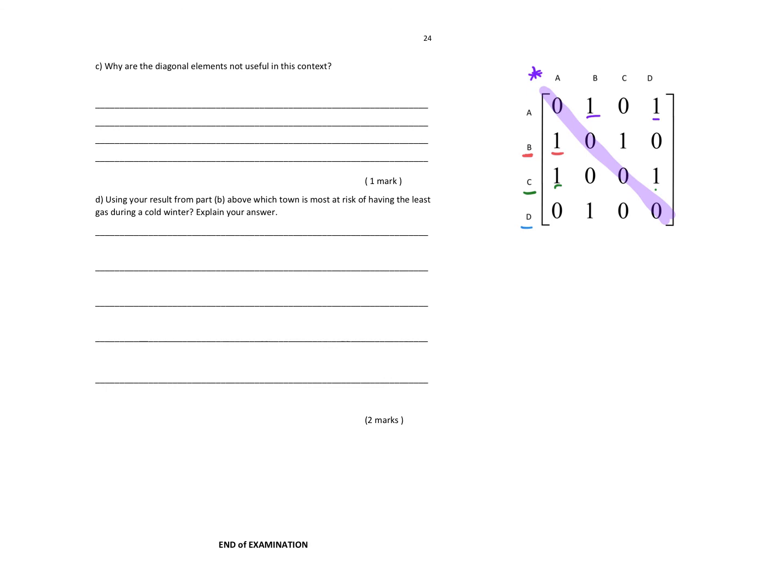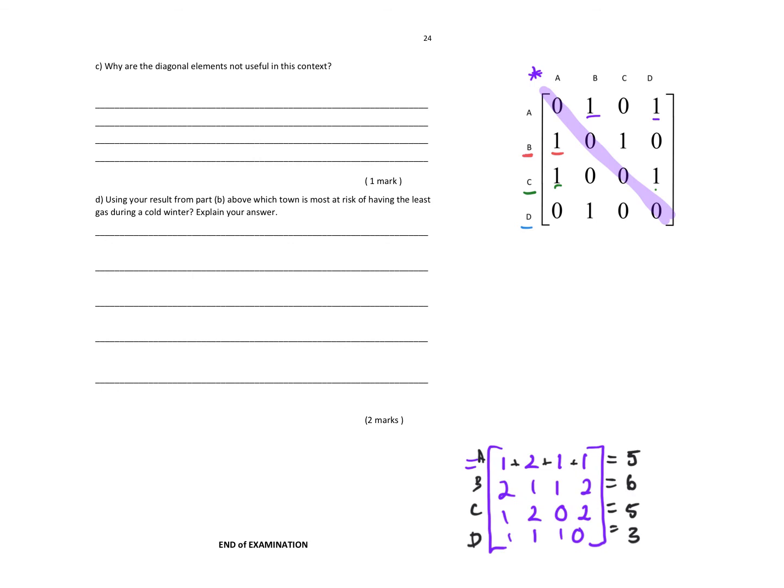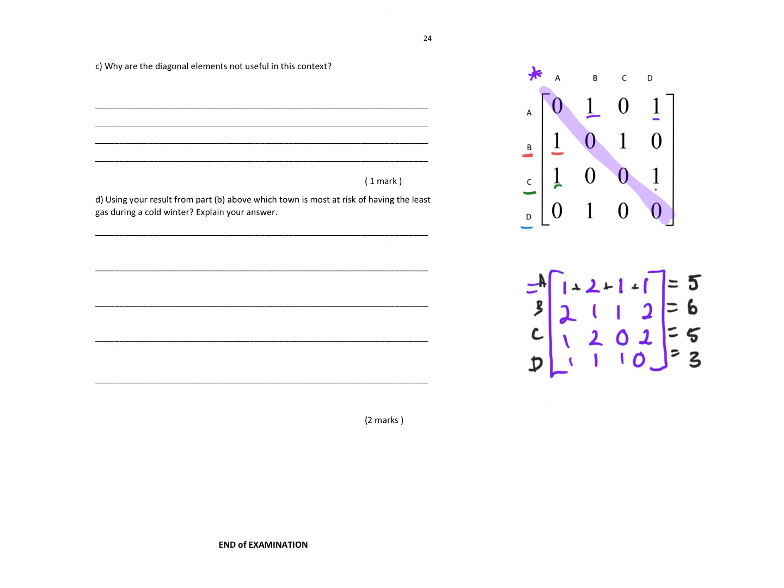Okay, so why is this one not useful down that diagonal? That's just because it would be pushing gas back to the same town. There's no point going back to the same town if it began there and they're the ones pushing it out.